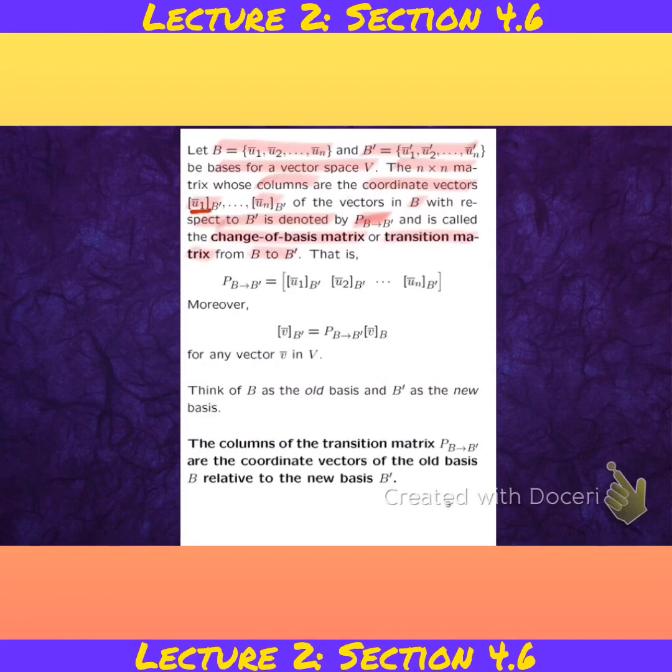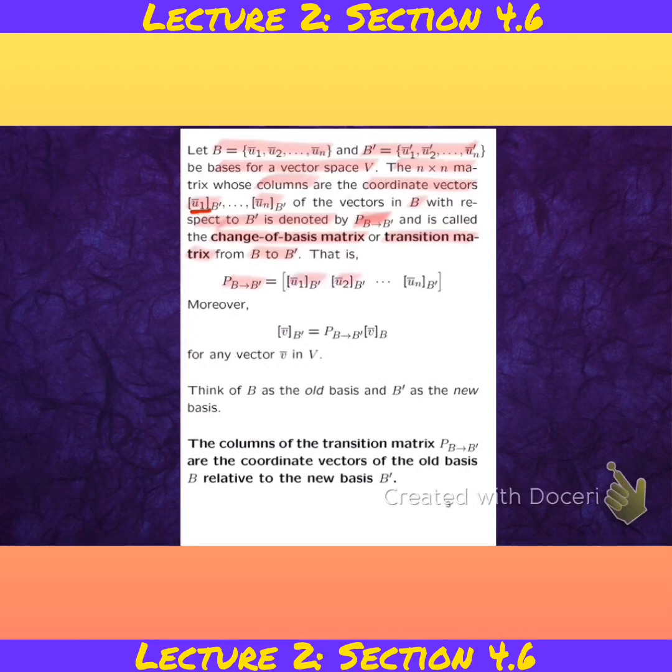So whenever you move from one basis to the other, the one that you're moving to is the one that you use to represent the vectors of the old basis. Right. So writing that down, that gives us the change of basis matrix.